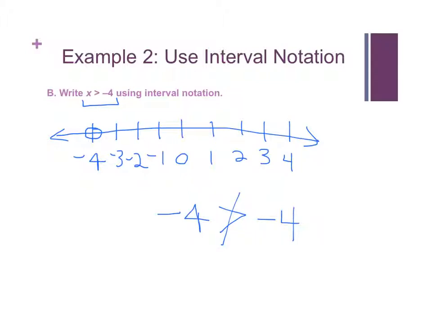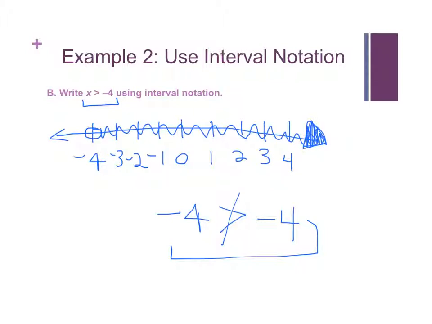So since -4 does not satisfy this inequality, I do not include -4 in my solution set, and I do that by providing this open hole on -4. Now, if I am going to shade the numbers greater than -4, all the numbers greater than -4 are to the right of -4, so I'm going to shade the entire number line to the right.